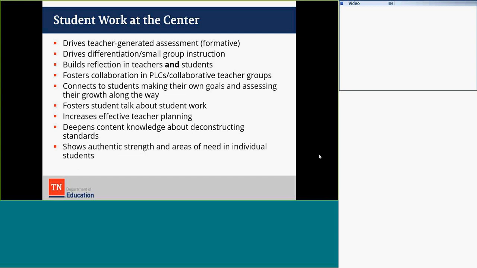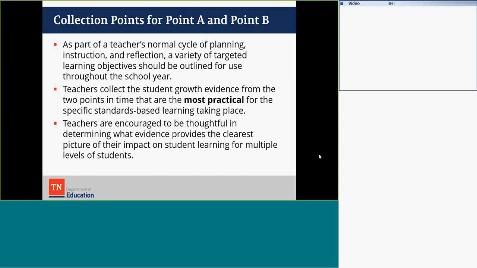And again, this really builds a student-centered classroom, because through this work, we're constantly identifying and supporting students in their strengths and also in helping them move along with their areas of need.